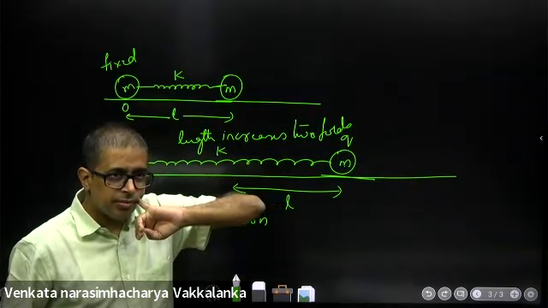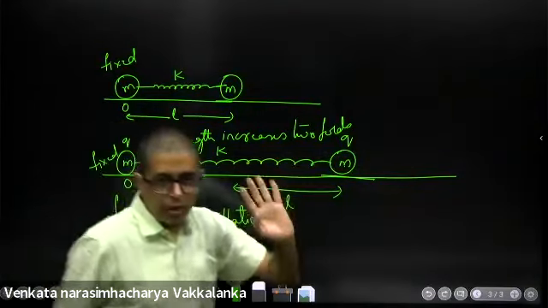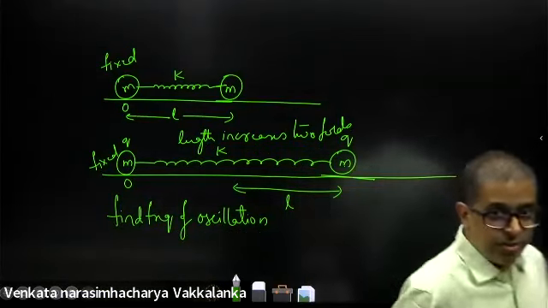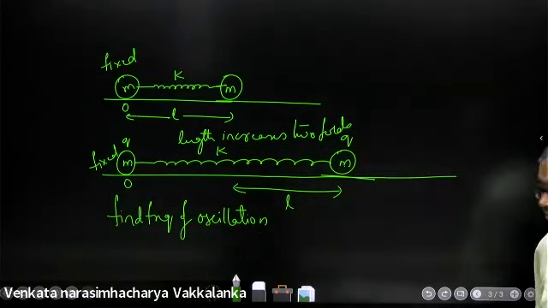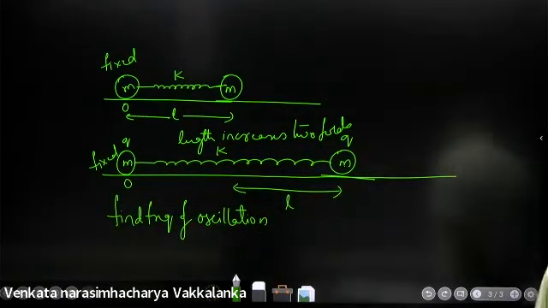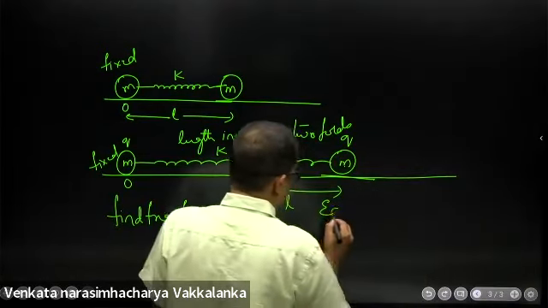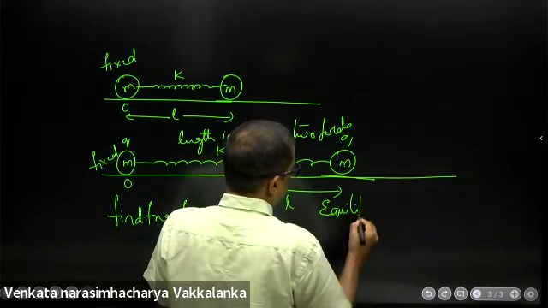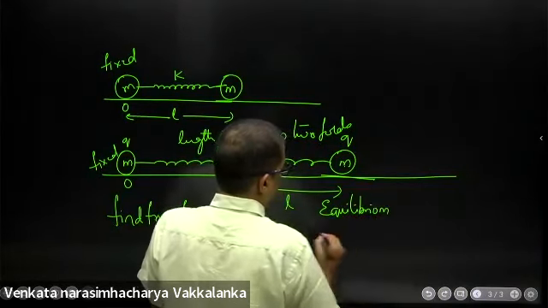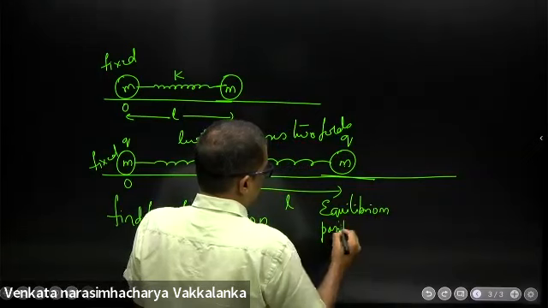Extremum should be 2L, no? Extremum will be 2L. So this is basically the equilibrium position now.